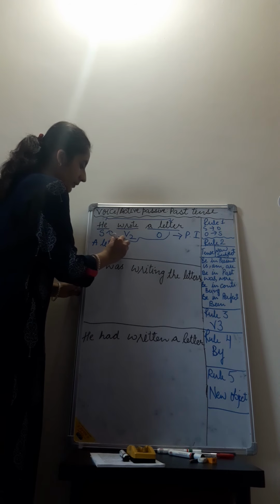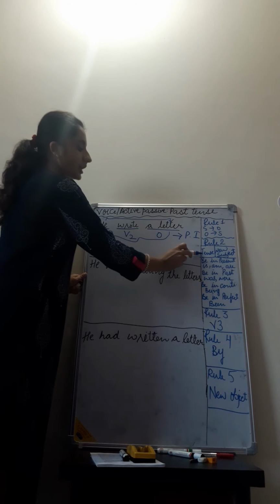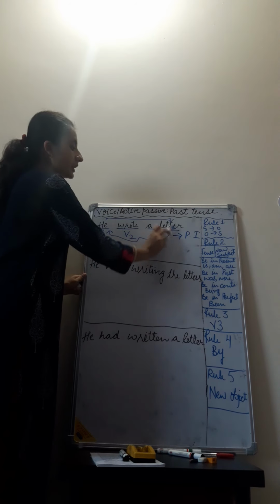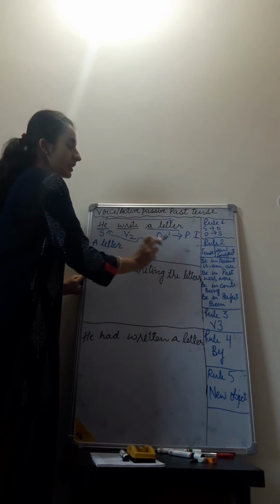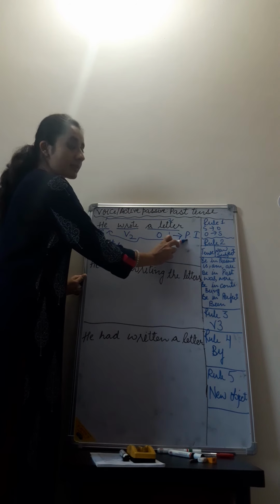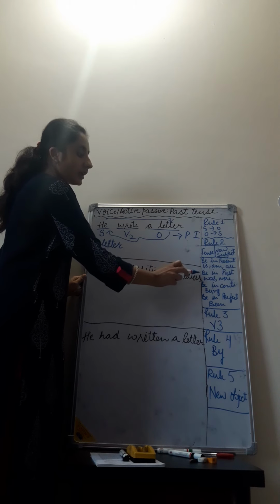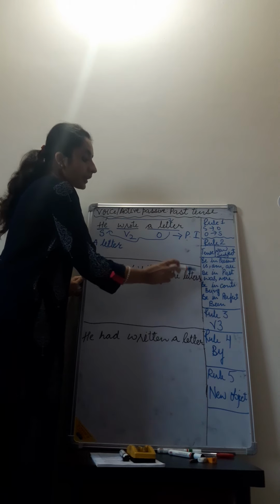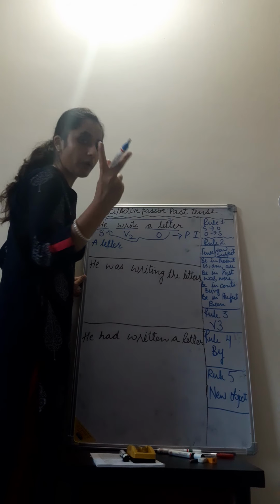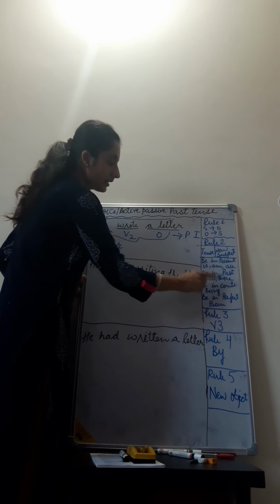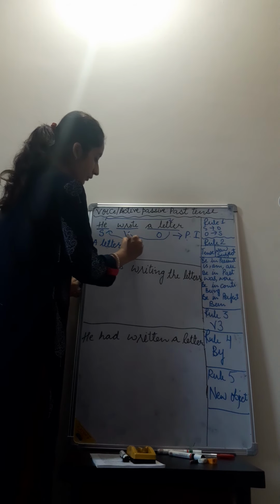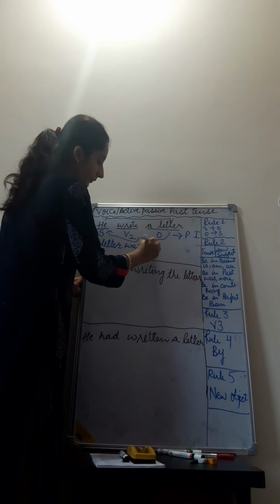Our rule number 2 says we need to judge the tense first. We have already checked which tense this is. This is past indefinite tense. So we will choose the be form now. In past we have two forms, that is was and were. A letter was or were.